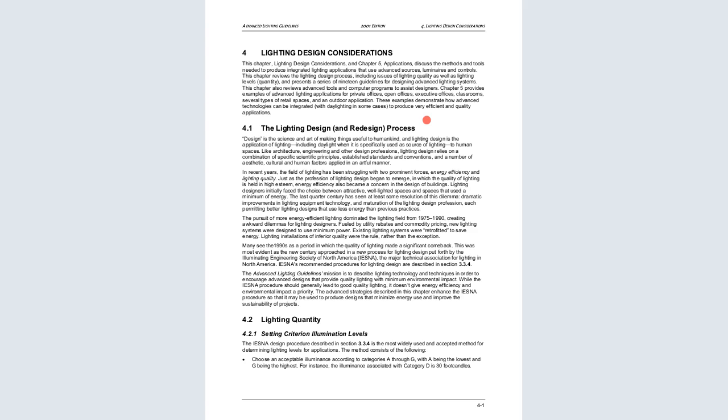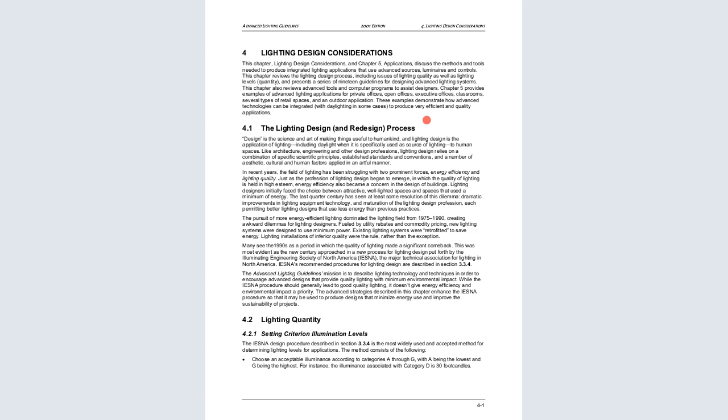Unlike architecture, engineering, and other design professions, lighting design relies on a combination of specific scientific principles, established standards, and conventions, with a number of artistic, cultural, and human factors applied in an artful manner. This field has been improving and developing with time.